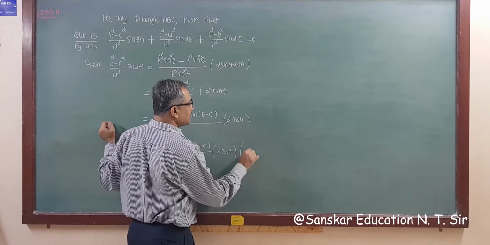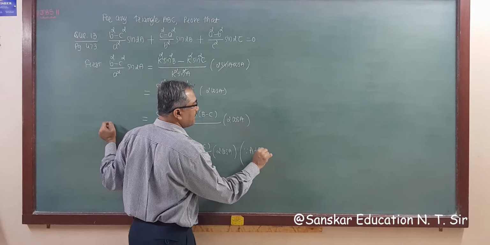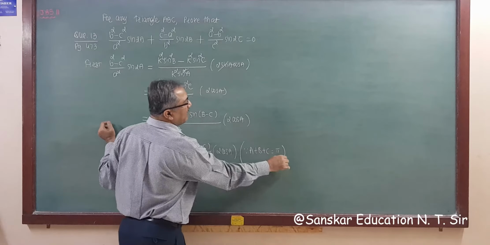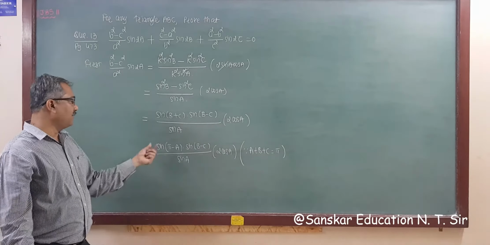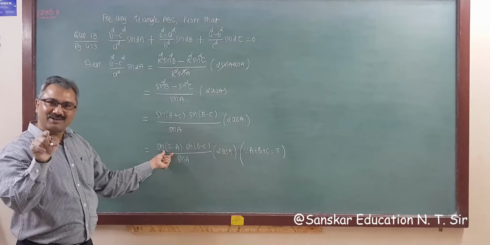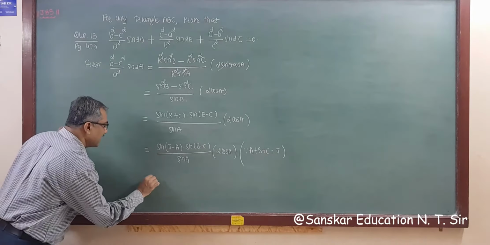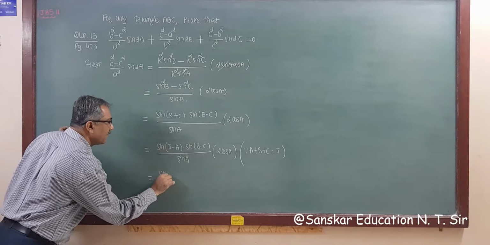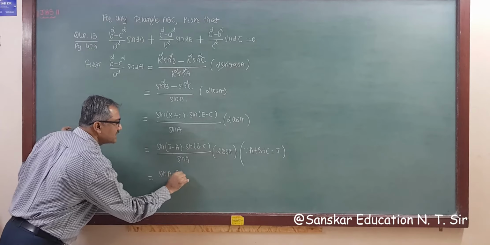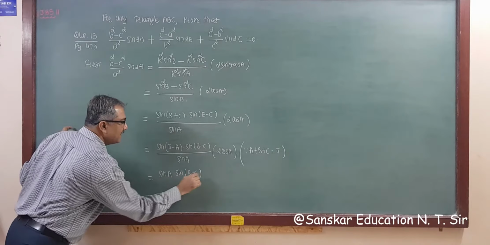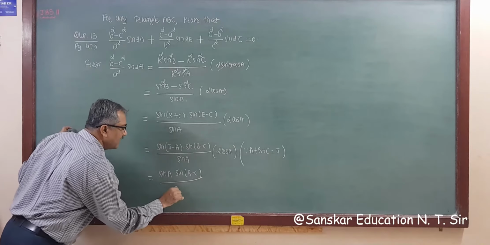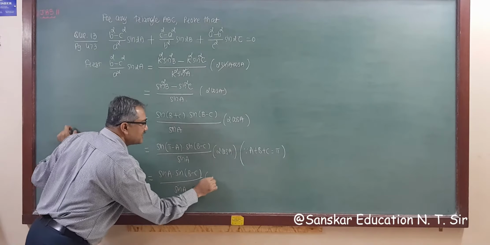The reason for this is a plus b plus c is equal to pi, that you know. Now sine pi minus theta you know, right? So this is sine a into sine b minus c, whole upon sine a, and this is 2 cos a.